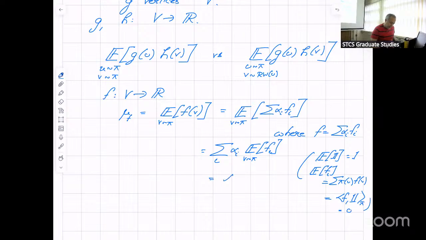So this is exactly alpha_1. That's all. So mu(f), if I write a function f in its eigenbasis, is alpha_1.